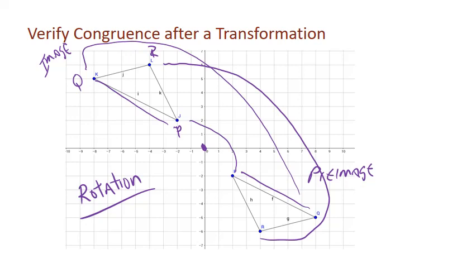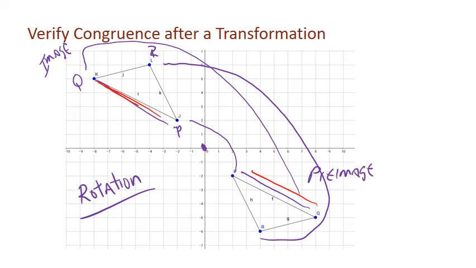Now, we saw in GeoGebra that we could verify congruence, but I want us to also get a little bit of practice on the distance formula. If I've got this rotation right, then PQ should equal JK, okay?